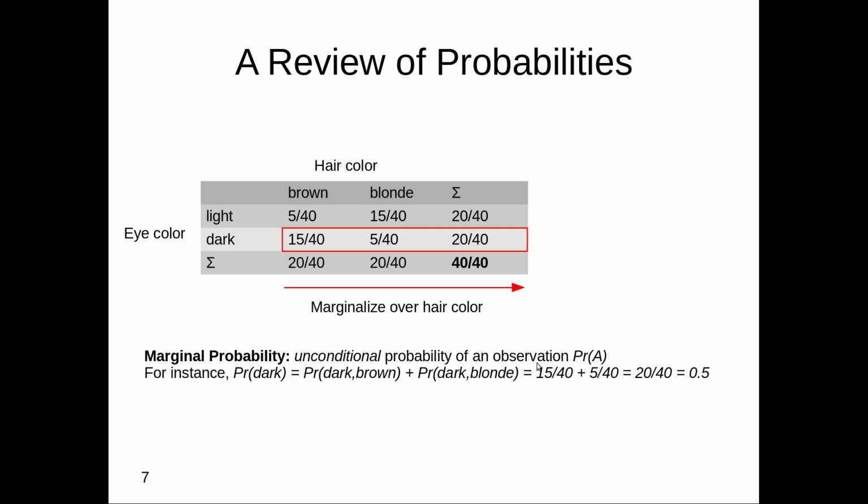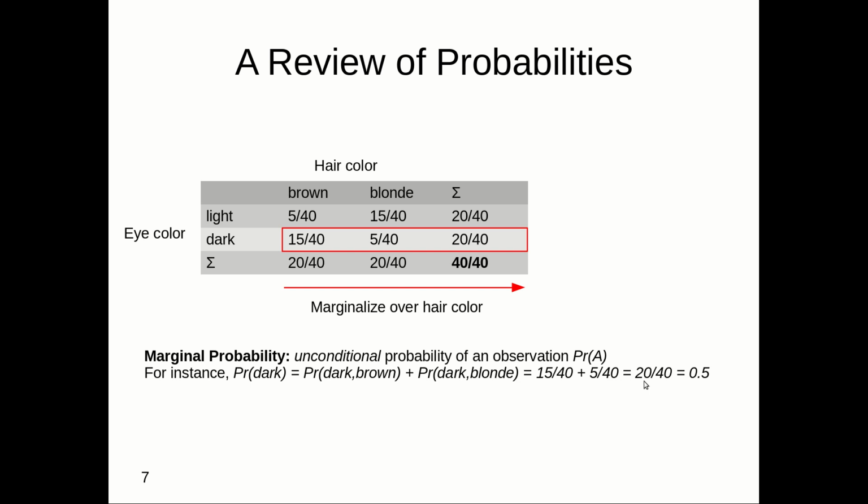Then something that is very important, especially in the Bayesian context, is the marginal probability. Here we say that we marginalize, for instance, over hair color, and this is an unconditional probability for a specific observation A. For instance, the marginal probability of drawing somebody with dark eye color from our sample is the sum of the joint probabilities of observing somebody with dark eye color and brown hair plus the joint probability of observing somebody with dark eye color and blonde hair.